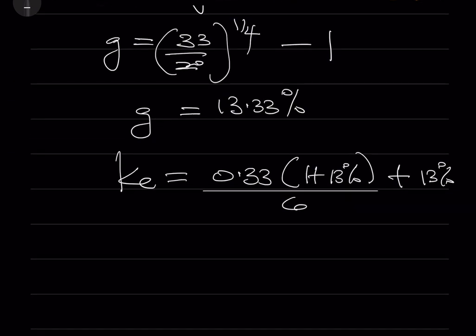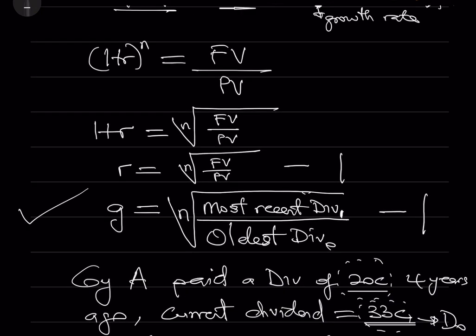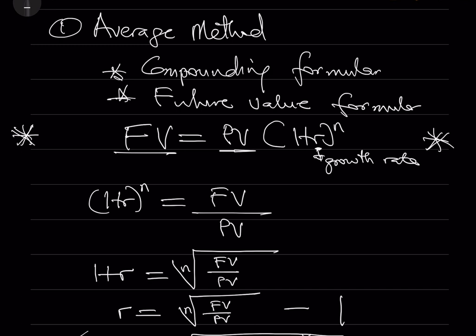All of that will give us, on the calculator, 19.56%. And that's the cost of equity. Here you've seen how to calculate growth using the average method.